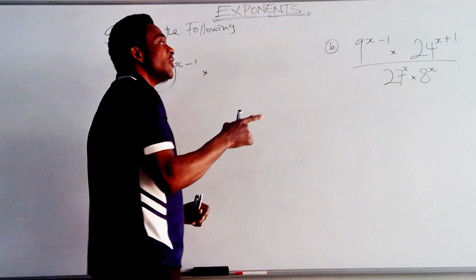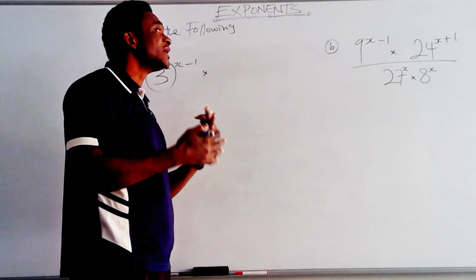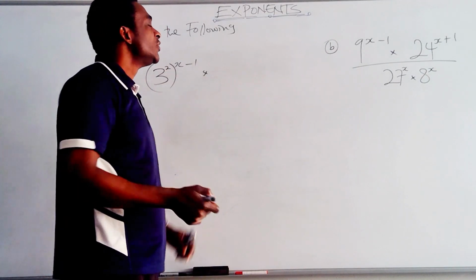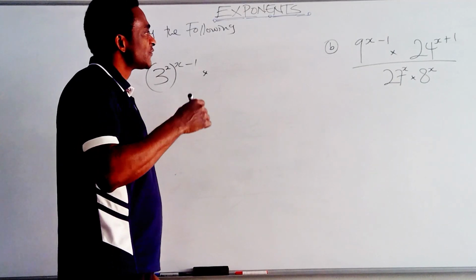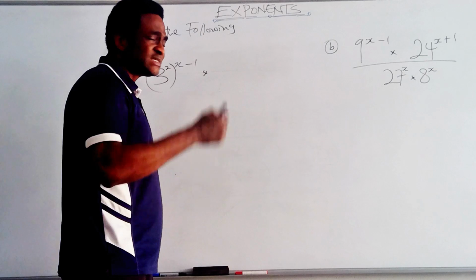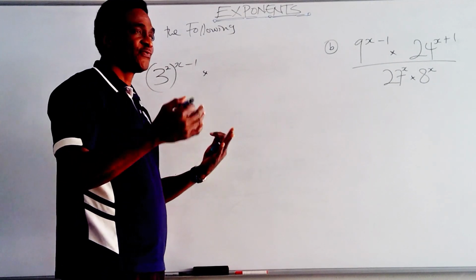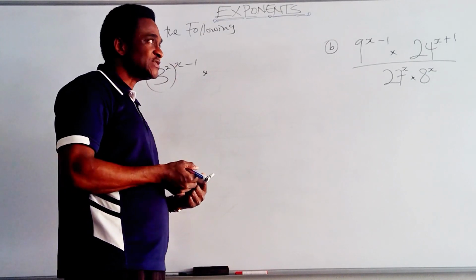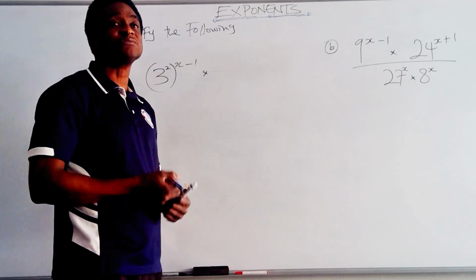Now 24 can be broken down into 2 and 3 because we cannot get a common base to reduce that to. 8 times 3 gives us 24.